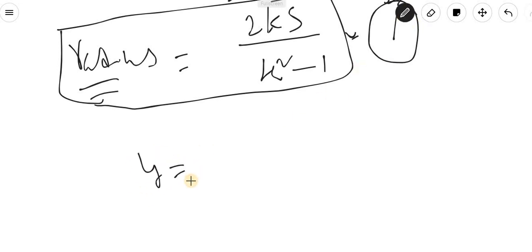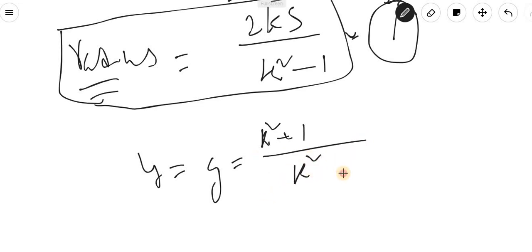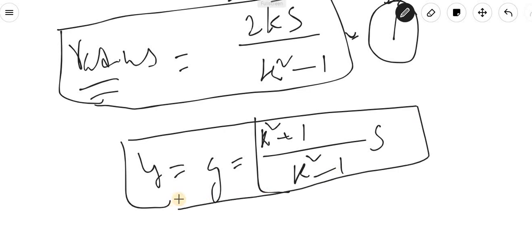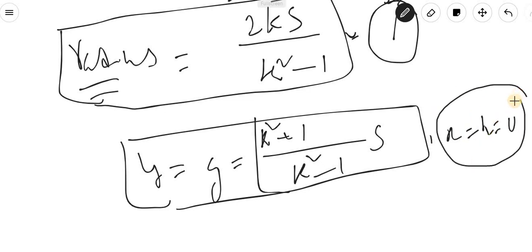Y is nothing but g. G is (k square plus 1)/(k square minus 1) into s. These things. But x, h equal to 0, this we will get.